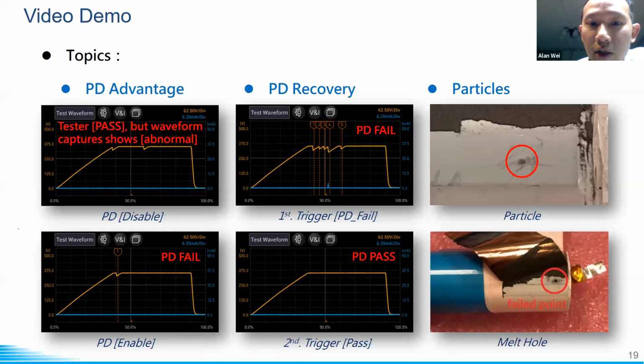So if you trigger the first time, you can see the PD discharge and the melt hole coming and the particles shorten. However, if you apply the test with the same voltage a second time, you can see the PD pass. Both the voltage and current waveforms pass. Nothing abnormal.